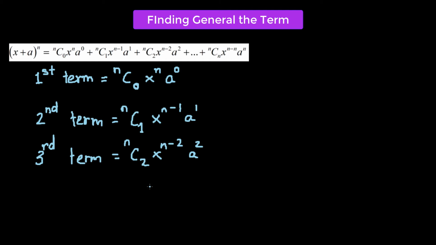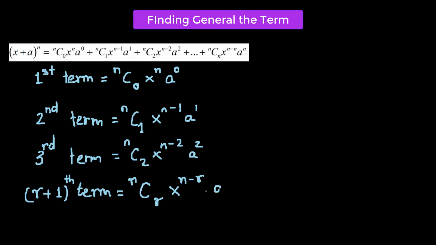This tells us that if we talk about the (r+1)th term, that term will look like nCr x^(n-r) a^r.